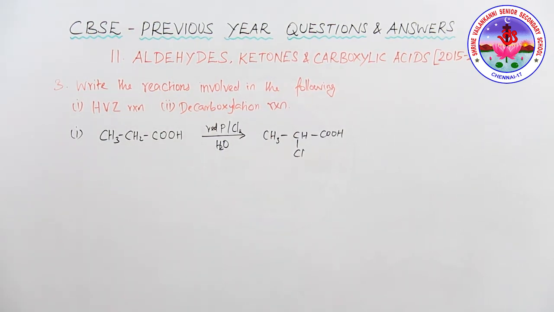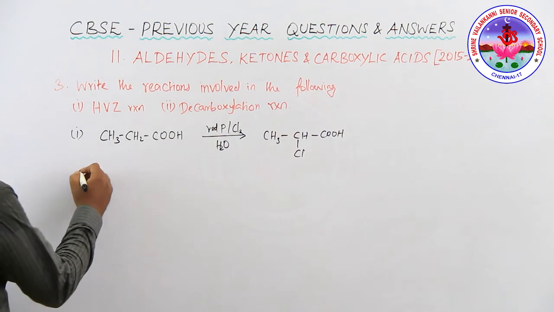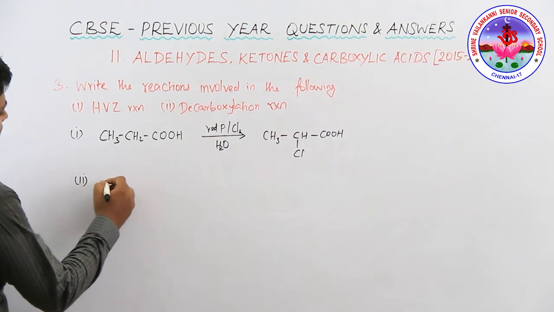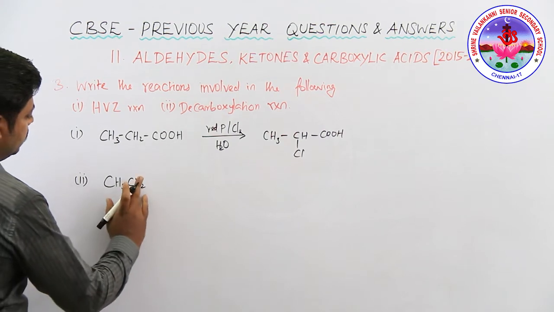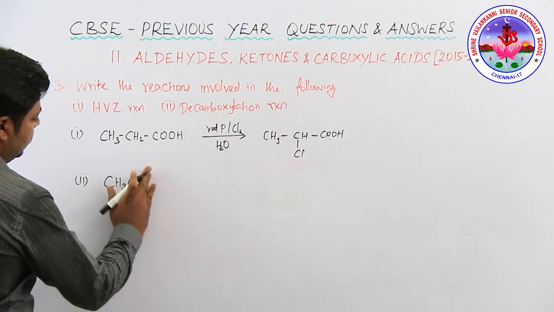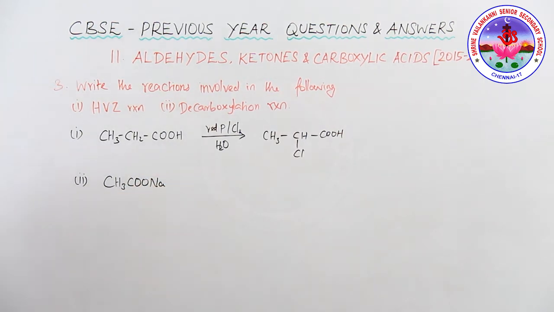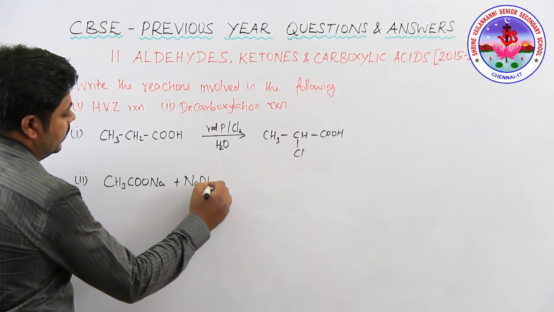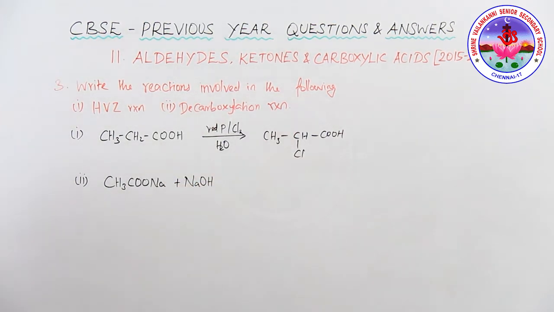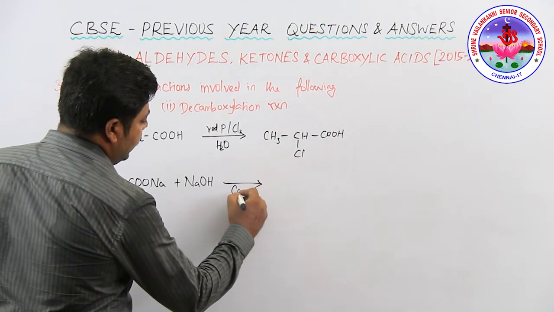The next is the decarboxylation reaction. For the decarboxylation reaction, using sodium ethanoate, CH3COONa, react with NaOH in the presence of calcium oxide.